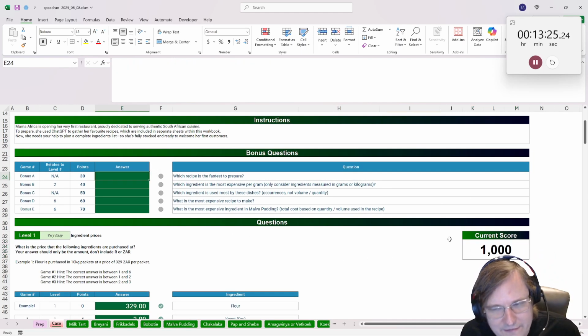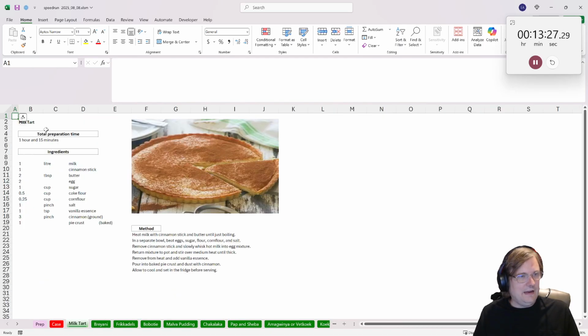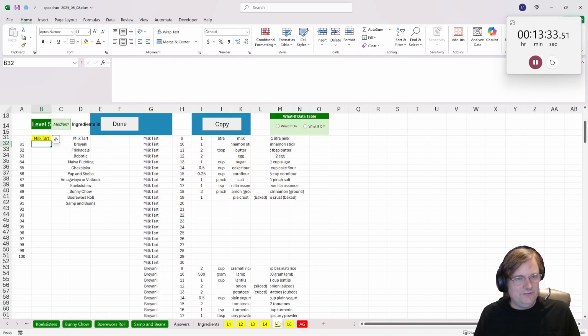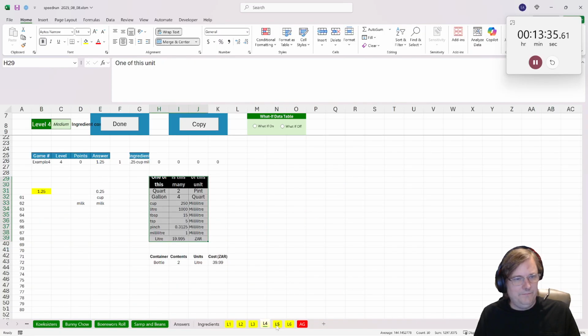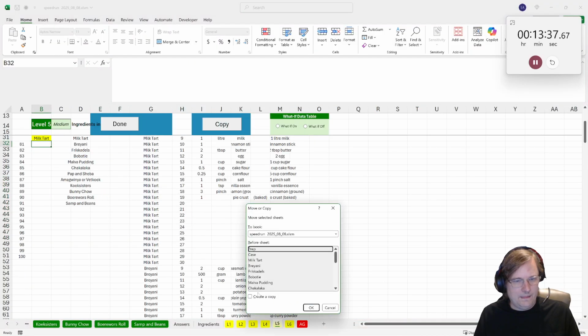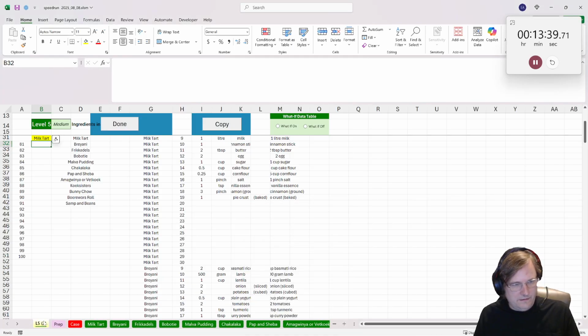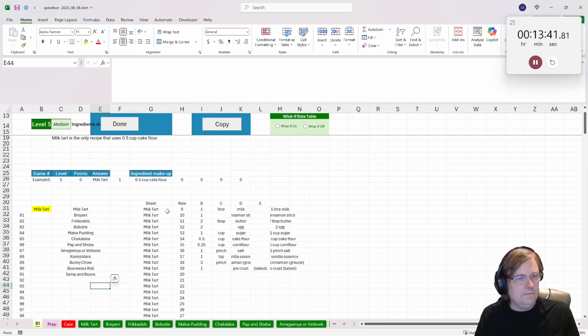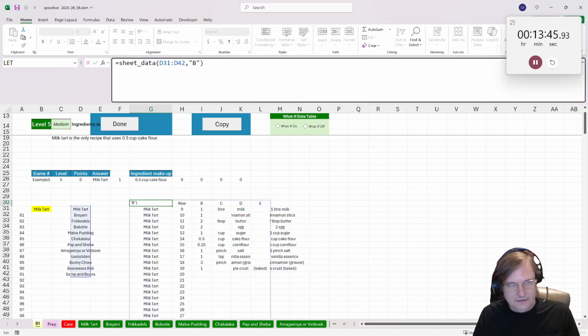This recipe is the fastest to prepare. So every place has it here in B5, right? So I'm just going to go back to where my sheet data is here. Call this B1. And here I just need cell B5.